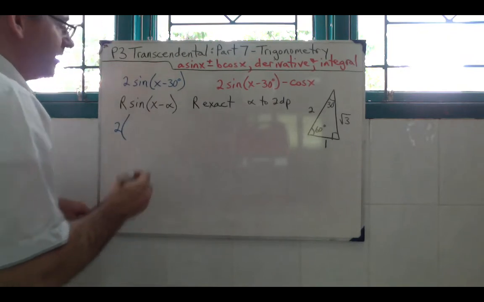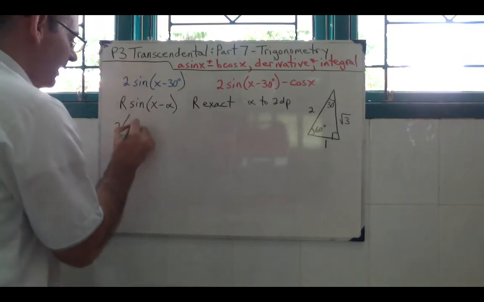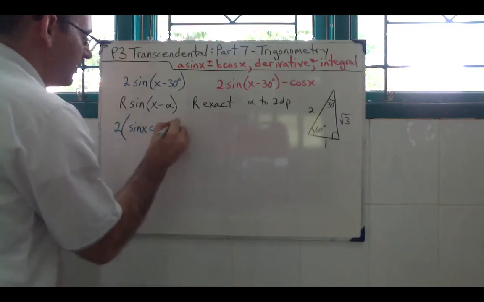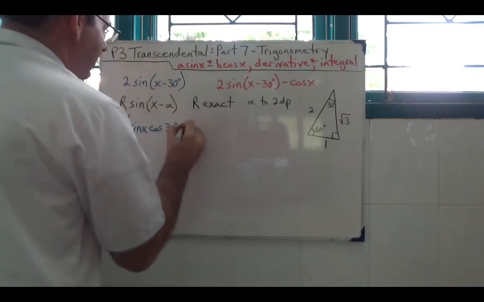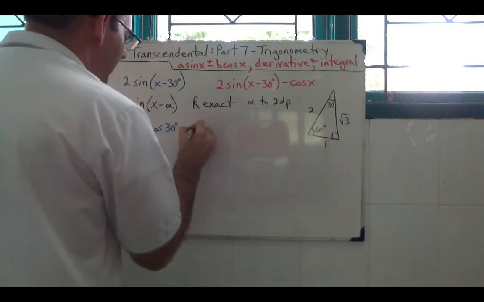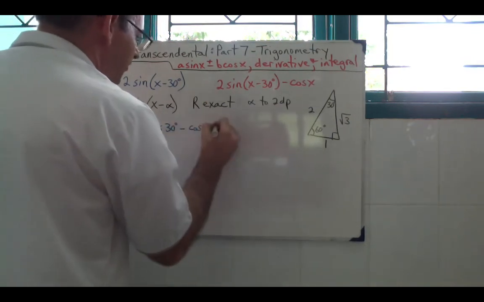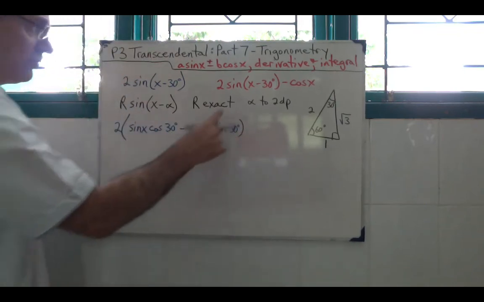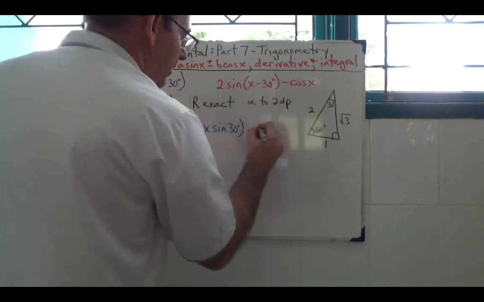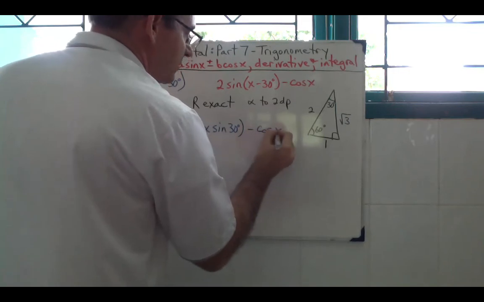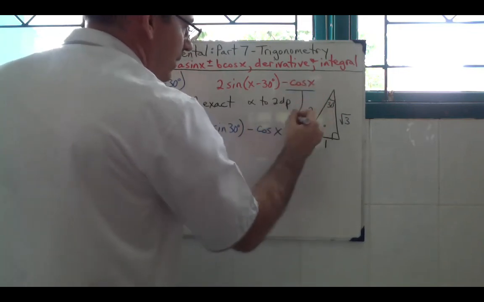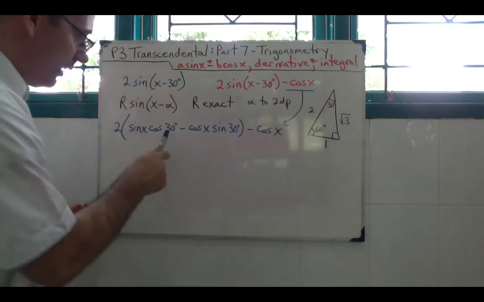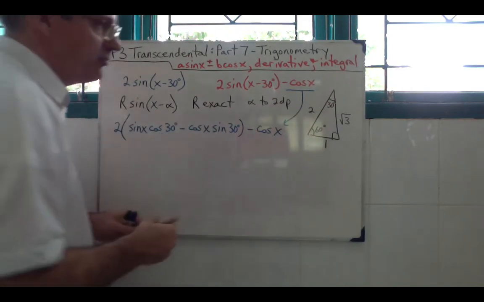So look up the formula sheet, and you get sine x cosine of 30 degrees minus cosine x sine of 30 degrees. That's the 2 times all of this. And then we have this minus cosine x here at the back. So don't forget that.